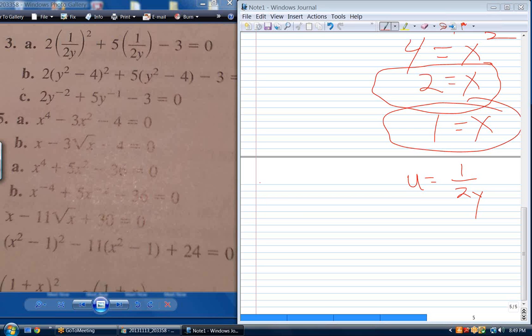Hold on. The quadratic becomes 2u squared plus 5u minus 3 equals 0. Factor that.